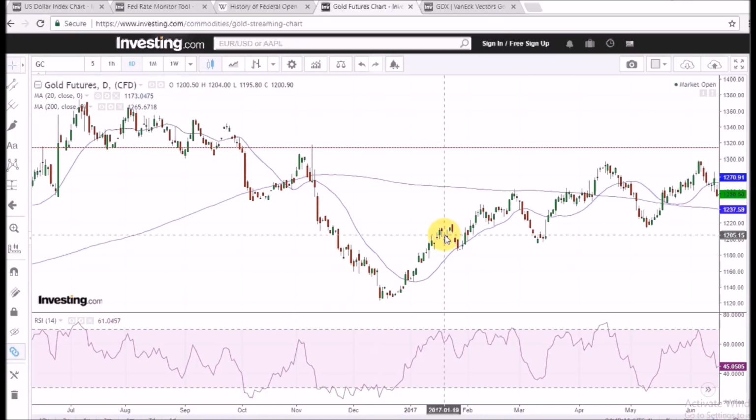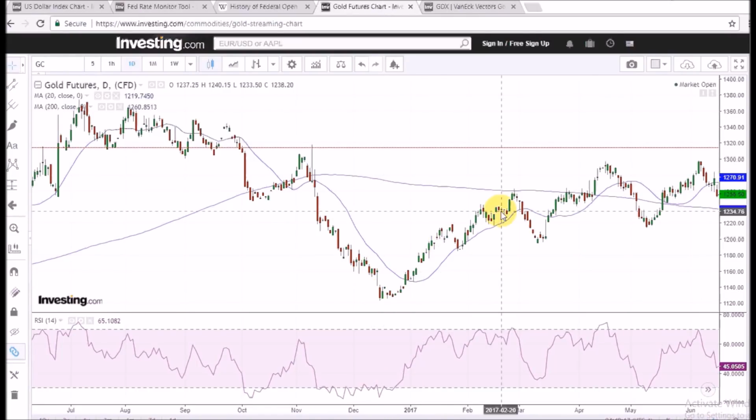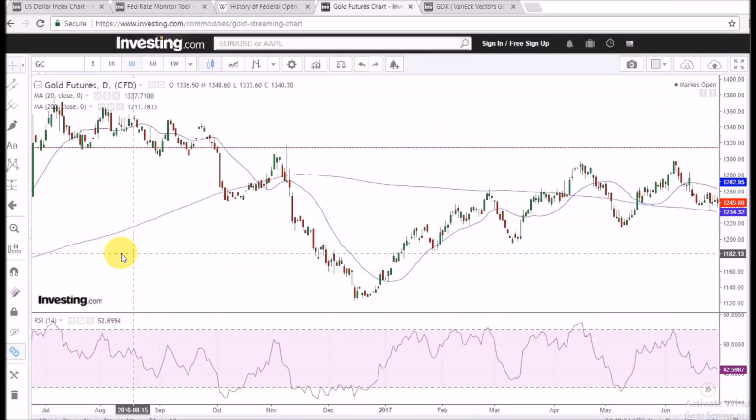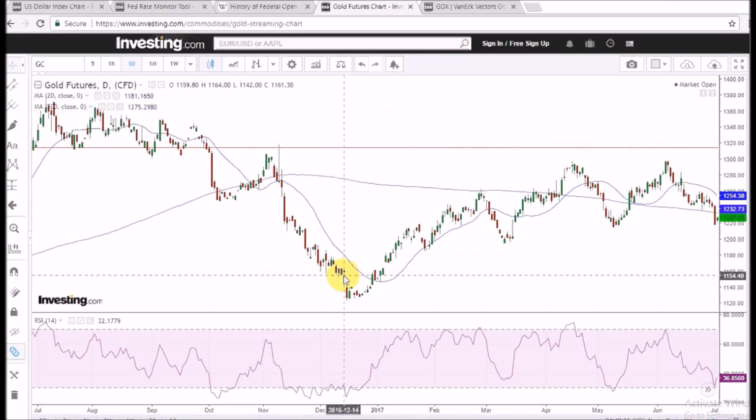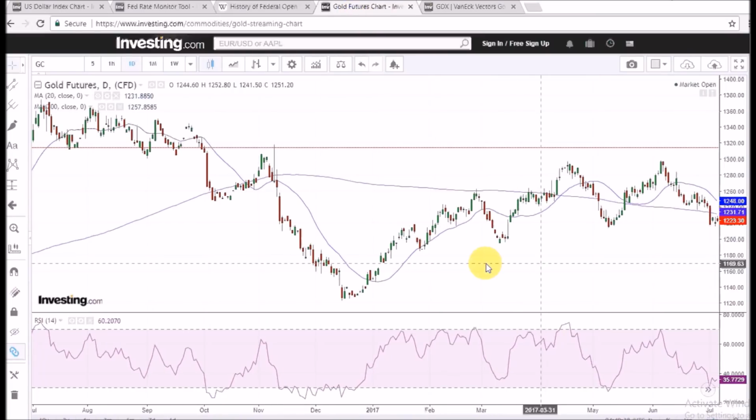And after the rate hike, this downward pressure is relieved, and gold either continues a little bit down or languishes where it was, as it happened in December of 2015. But basically, after a while, it ends up higher than on the day of the rate hike, and often considerably higher.